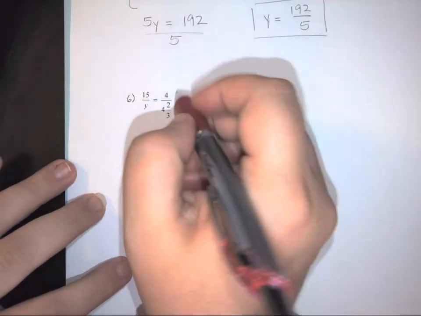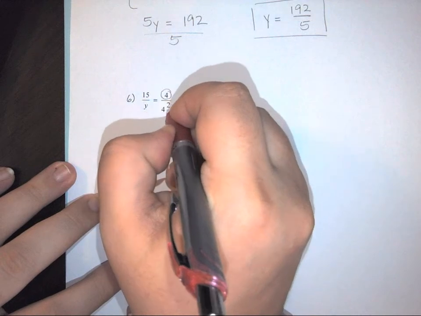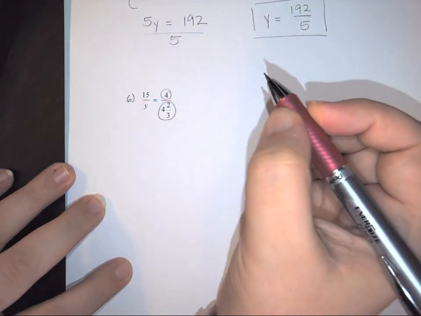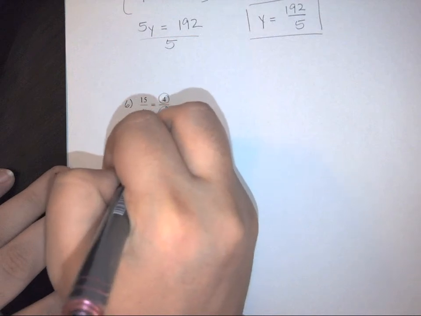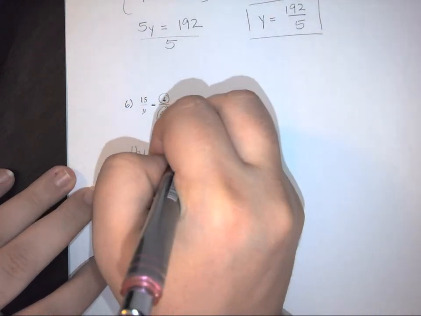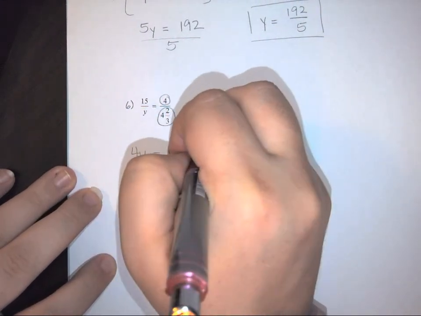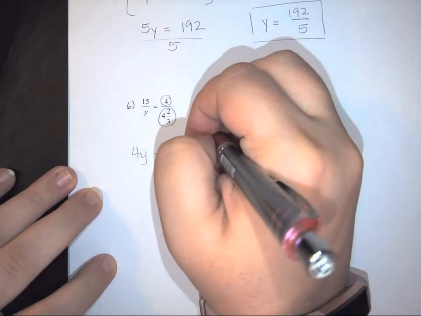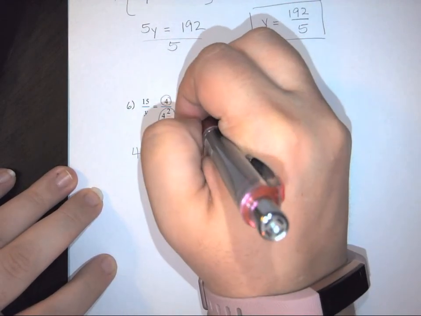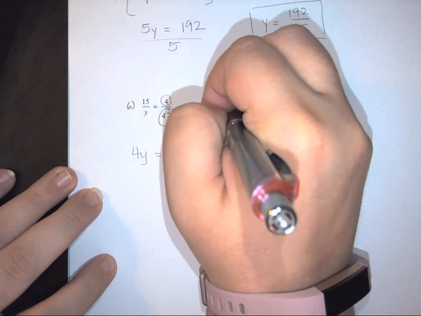Last, this one. Again, we've got a 4 on top and we have the fraction on the bottom. So here this is going to give you 4y is equal to 15 times 4 2/3. So this 4 2/3 I would change to improper.